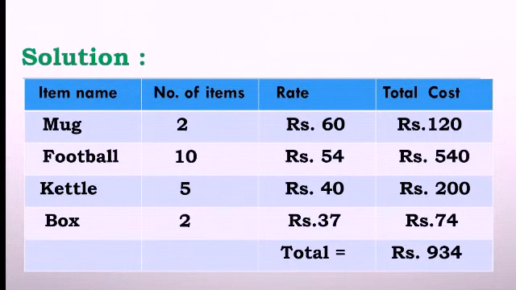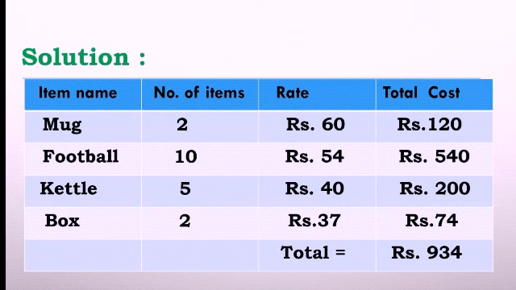First of all, whenever you are making the bill, you have to make 4 columns. First column should be item name, second column number of items, third column rate, and fourth column total cost. There are 4 items: mug, football, kettle and box. Write down the 4 item names, and after that the number of items.